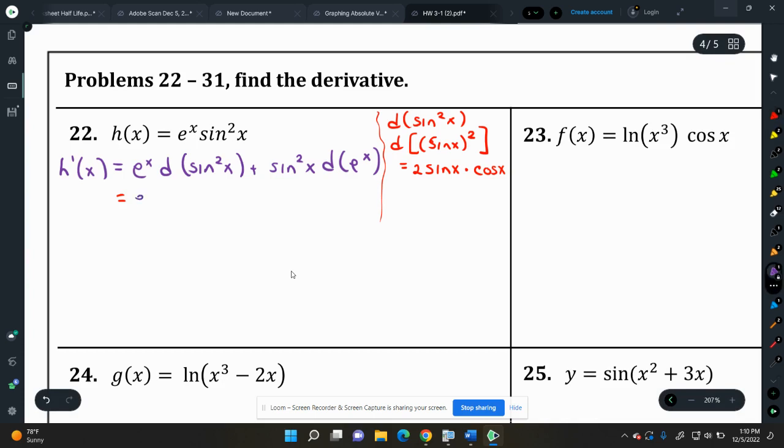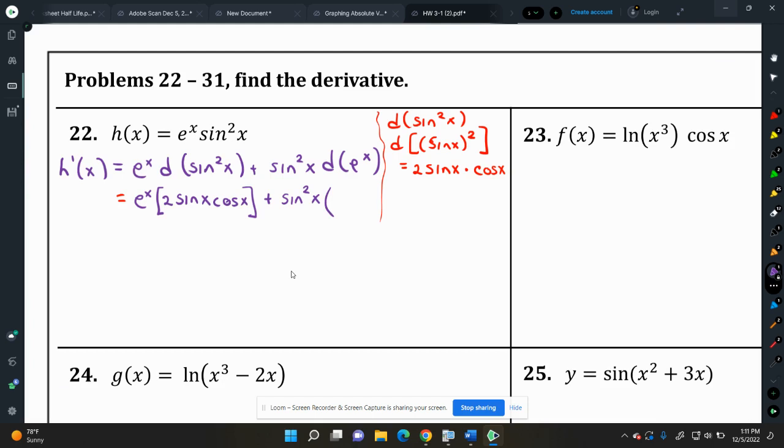We've got e to the x times 2 sine x cosine x plus sine squared x times the derivative of e to the x. Well, what's the derivative of e to the x?